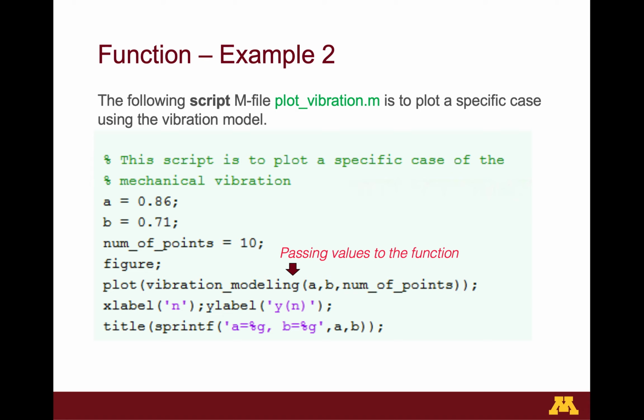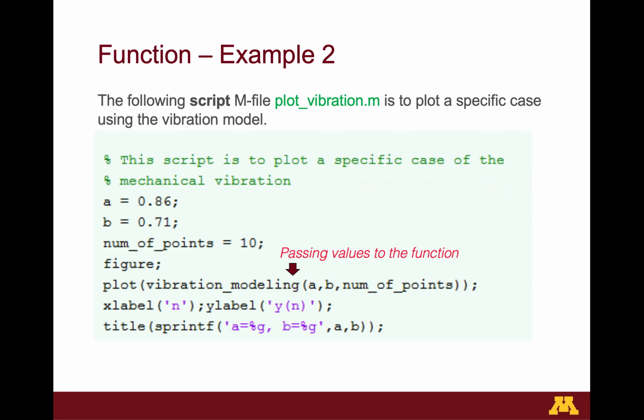Here the script, we save it as plot vibration.m. In this M file, first we give the values for a and b and number of points, and then we start a new figure by inputting figure semicolon.